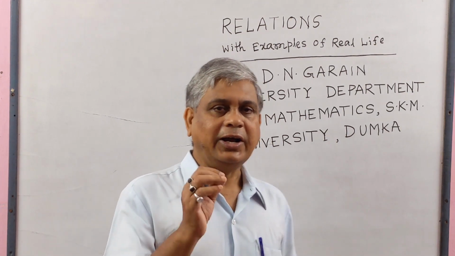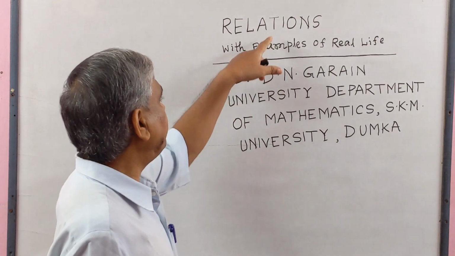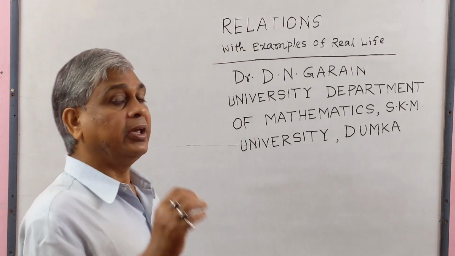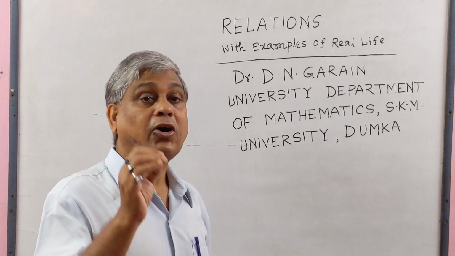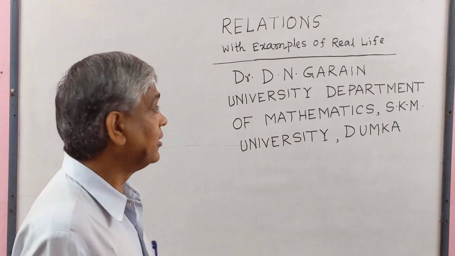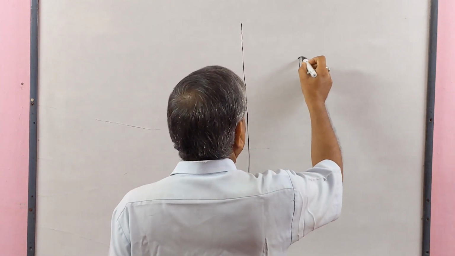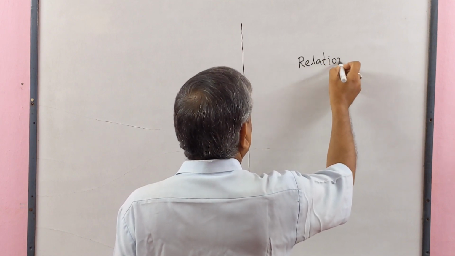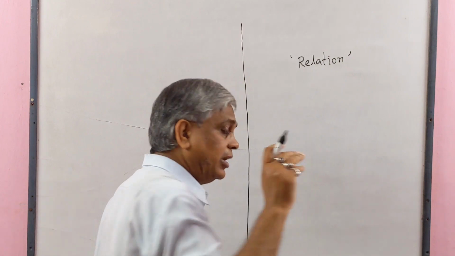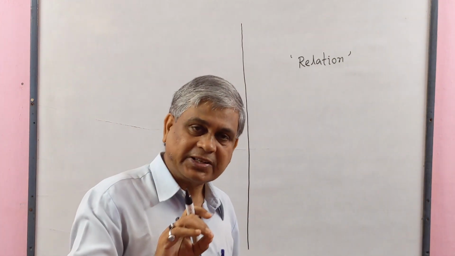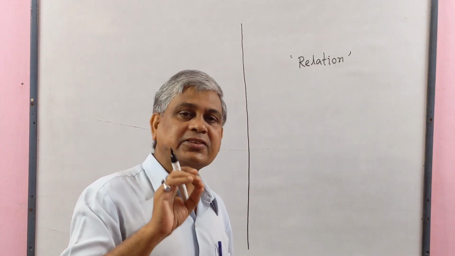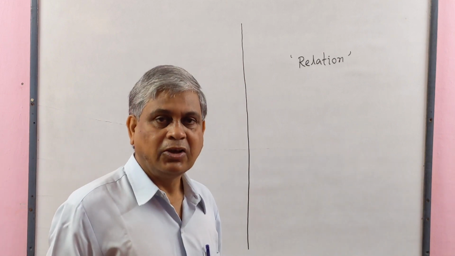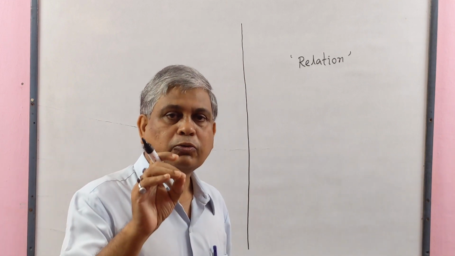Now, I will give the idea of relations with examples from real life. When we speak about the term relation, we think about a relation between two persons, or two things.